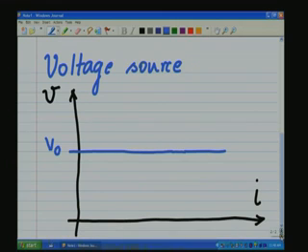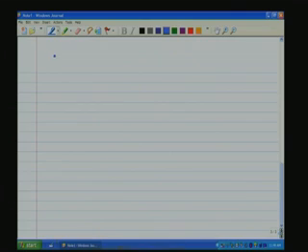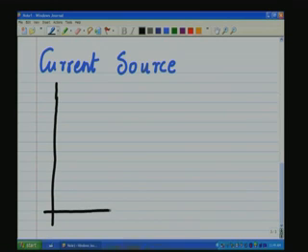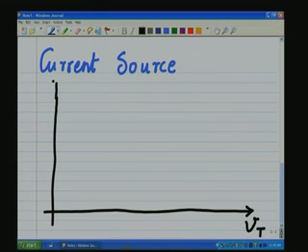Likewise, the current source can also be represented by an IV characteristic. In the case of the IV characteristic of a current source, the independent variable is not current, but the terminal voltage Vt, and the dependent variable on the y axis will be the source current.